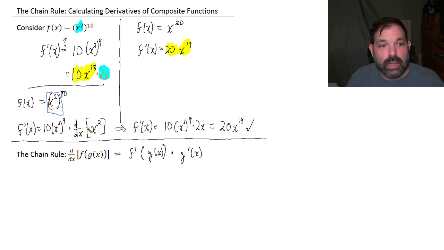We calculated 10 times the something to the 9th power, and then we calculated the derivative of that same something. In this case, it was x squared. Now, there is an alternate notation for the chain rule that we need to be aware of. Here's what it says.